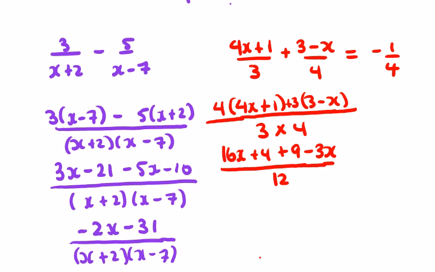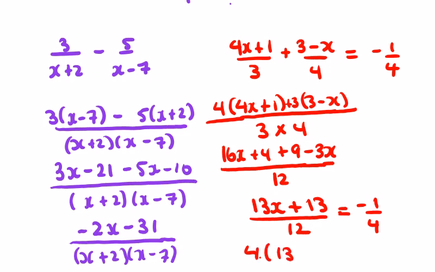So we get 16x minus 3x, which is 13x. 4 plus 9 is 13. And that's all over 12. And then we bring back in the minus 1 over 4, equals minus 1 over 4. And then we cross multiply 4 by the 13x plus 13. So we get, if you want to write it out like this, maybe 4 times 13x plus 13. That's going to be equal to minus 1 by 12, which you know is minus 12.